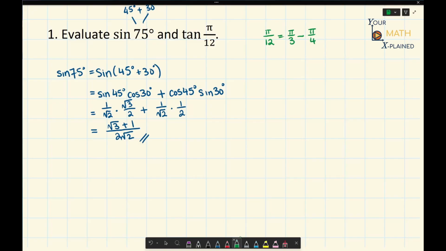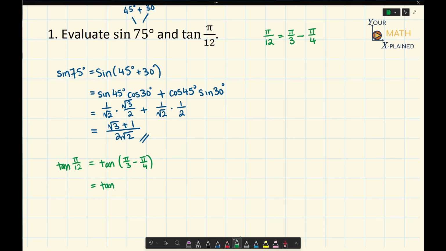So that means we can write tan of pi over 12 is equal to tan of pi over 3 minus pi over 4. And now using our identity, we can rewrite this.